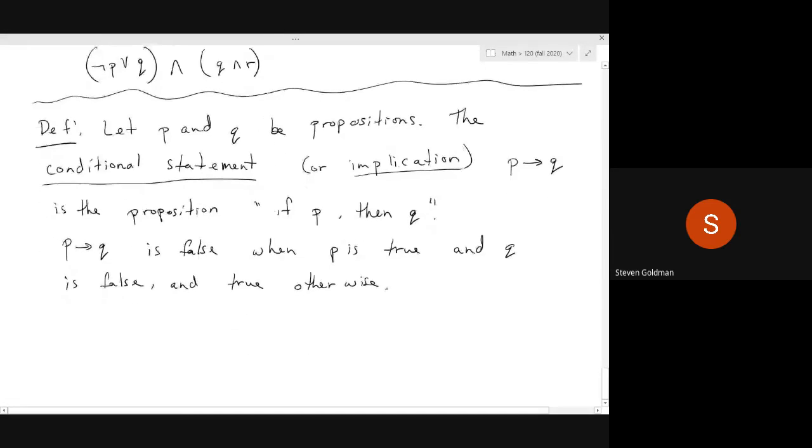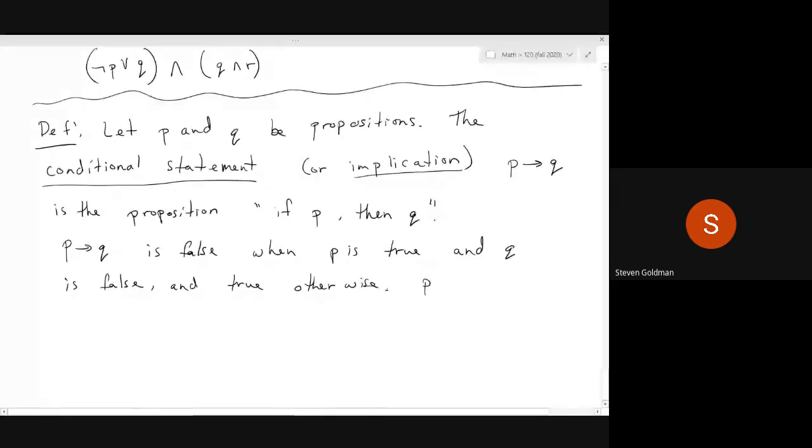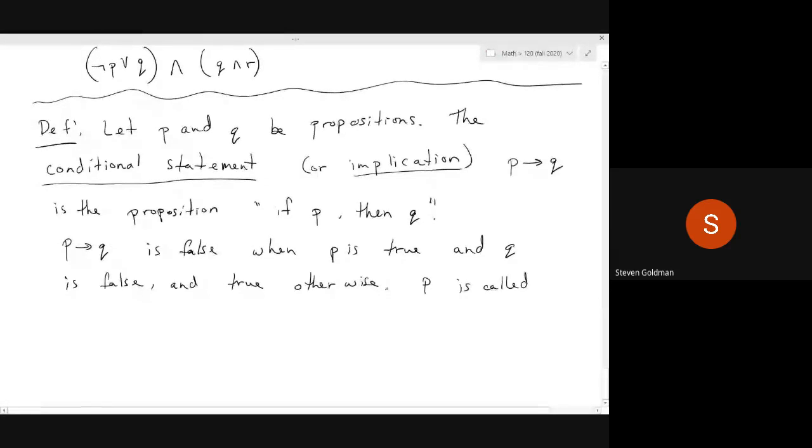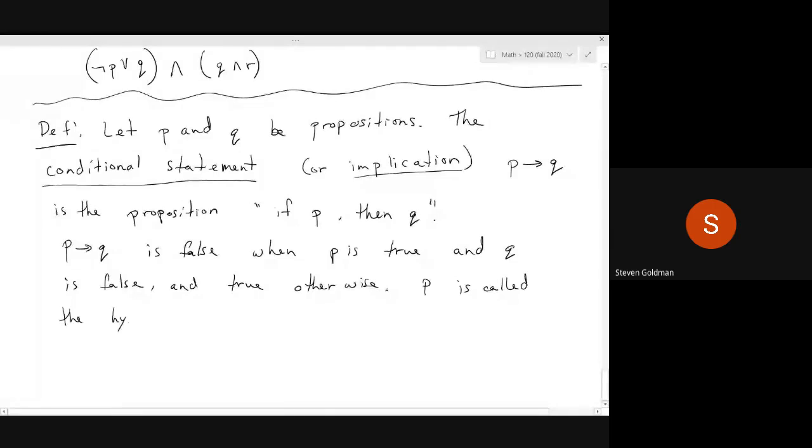Okay, so whenever we have a conditional statement, the if part of the sentence, the P, is called the hypothesis, and Q is called the conclusion.